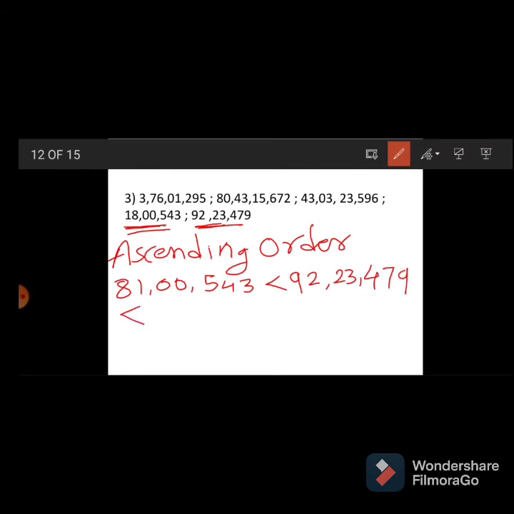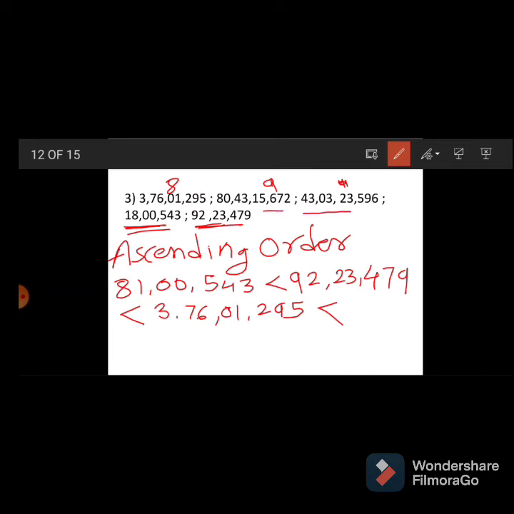Then next these two numbers are 9 digit and 9 digit. Yes, no? Then check. After this will come 8 digit number, that is 3 crore 76 lakh 1,295, and then is smaller than which number?